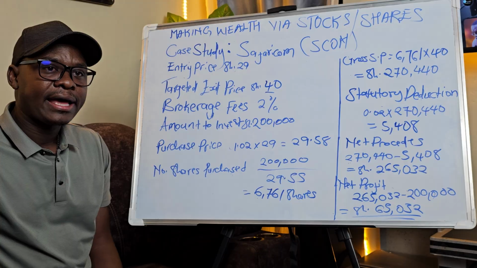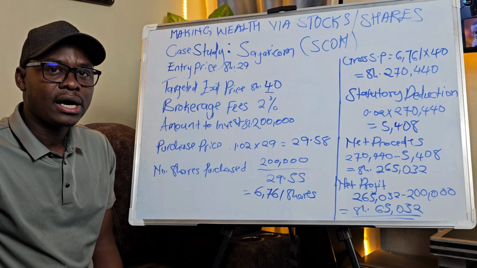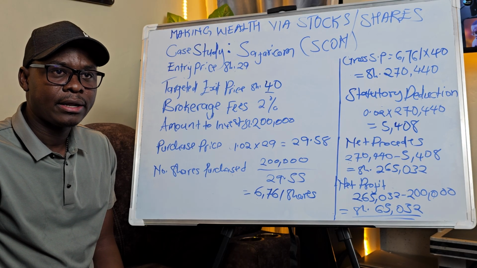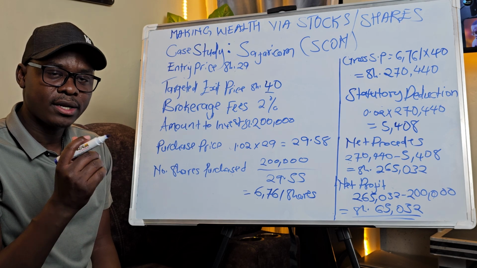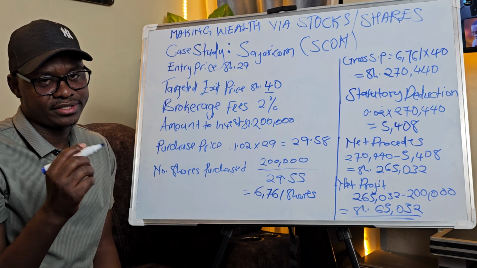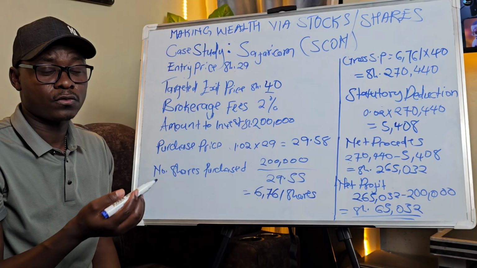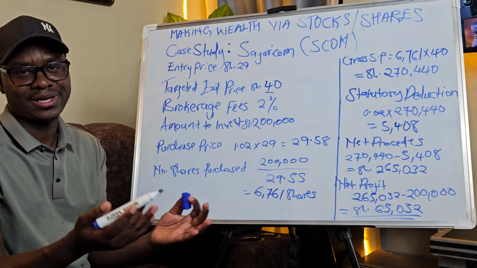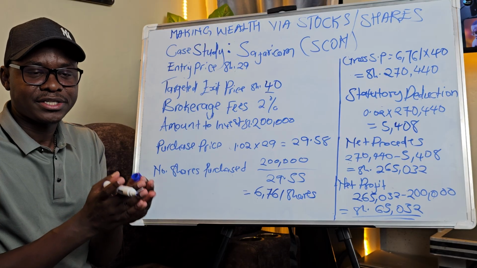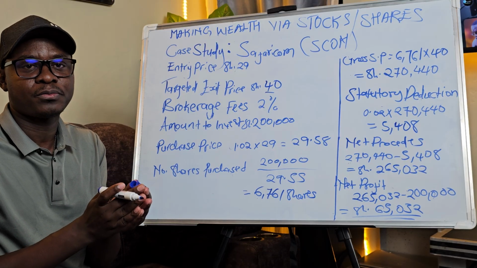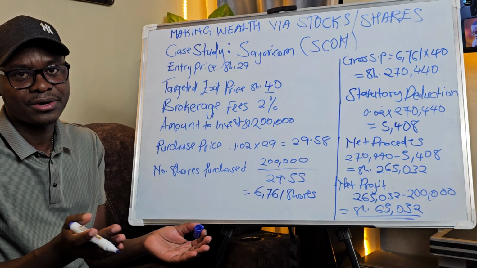Now, I said that you can make wealth using shares in two ways. One is capital gains, two is dividends. I assume that you understand what a dividend is. Dividend is just the share of profit to shareholders.